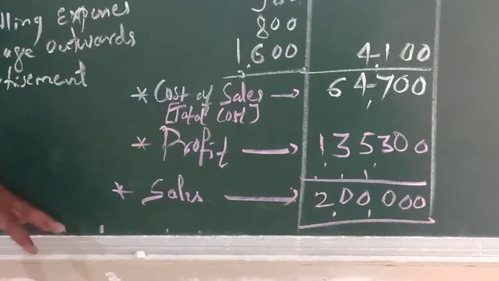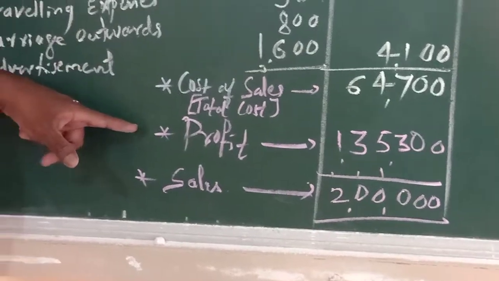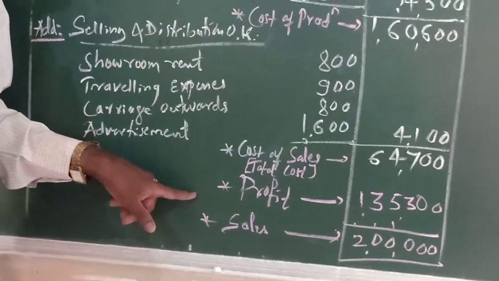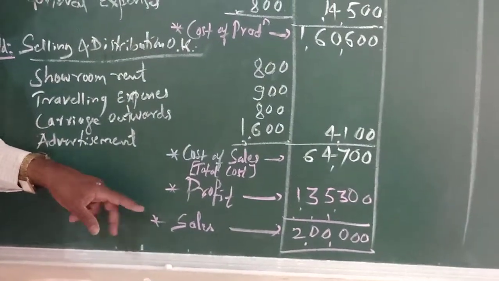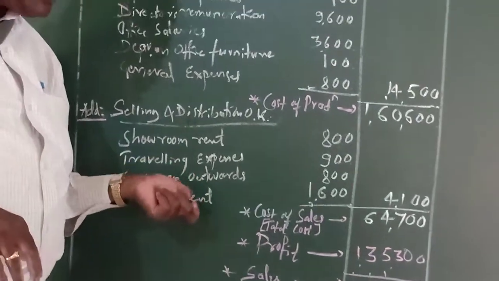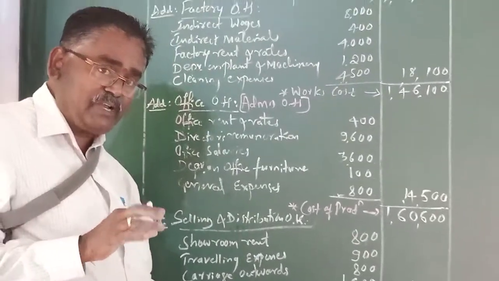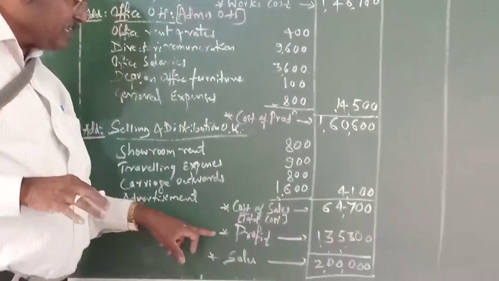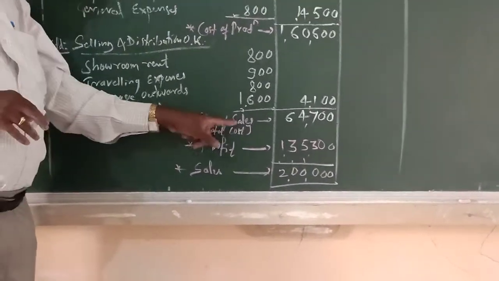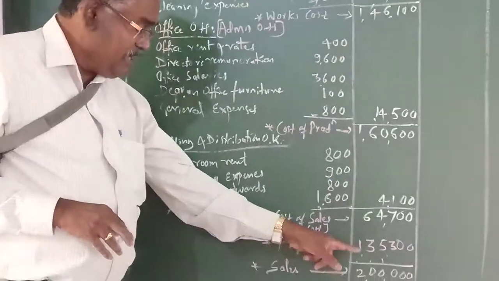1,35,300. If the problem gives 20% on sales, if the sales price is not given, 25% or 20% as given in the instruction, then whatever instruction is given in the problem, the profit is to be ascertained in the absence of sales price. In that circumstance the profit is to be ascertained on total cost into 20 divided by 80 or whatever it is, then the result will be profit.